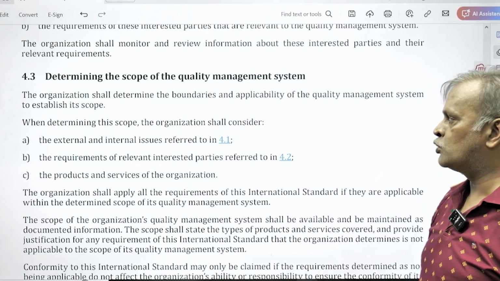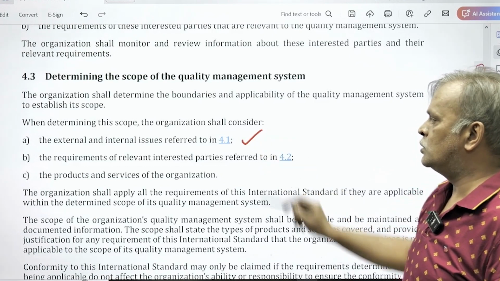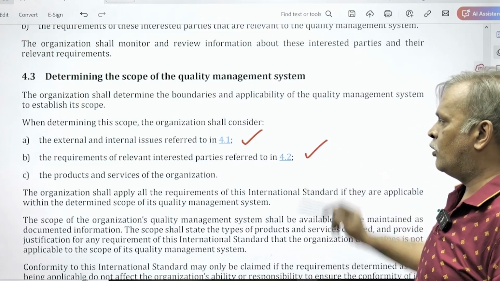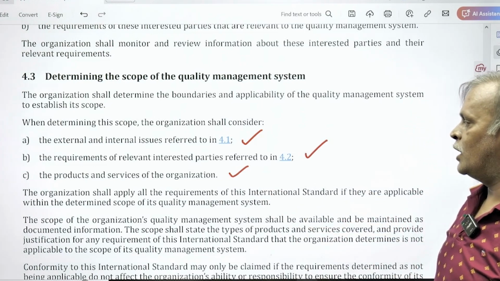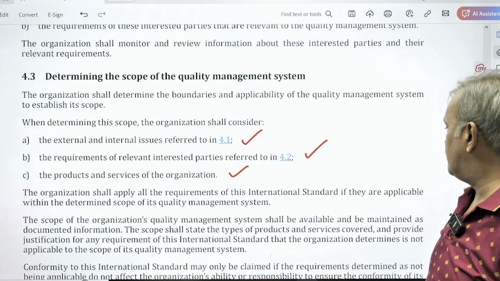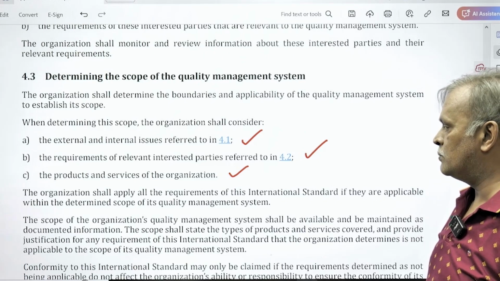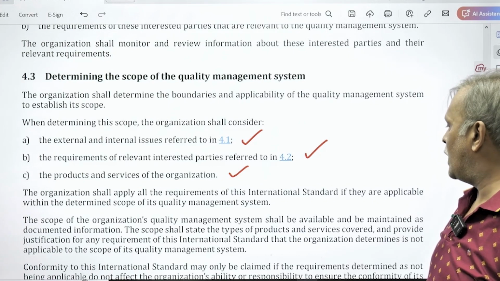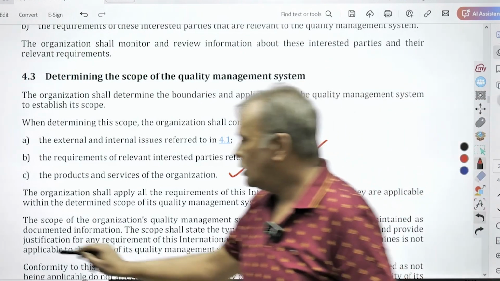When determining this scope, the organization shall consider internal, external issues, requirements of interested parties, products and services. The organization shall apply all the requirements of this international standard if they are applicable within the determined scope of the quality management system. The scope of the organization's QMS shall be available and be maintained as documented information.